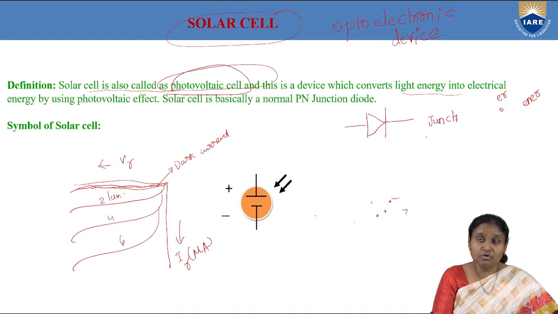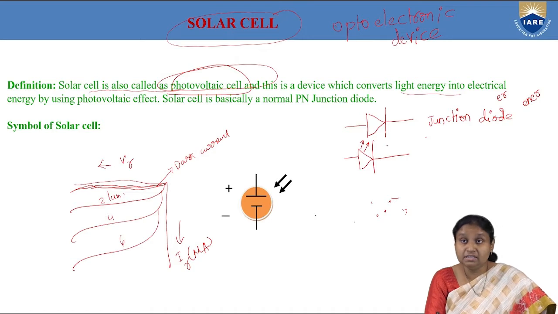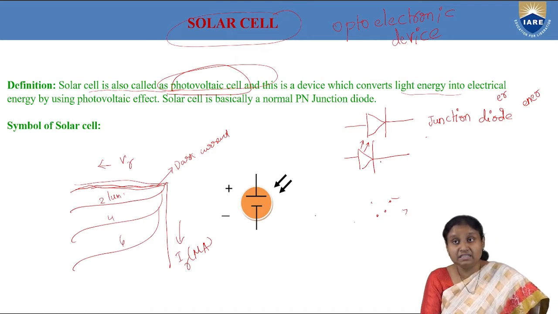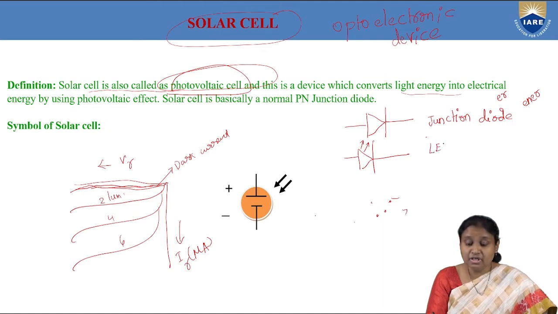When we talk about a light emitting diode, we take the symbol of a diode and show arrows going outside, indicating that this diode is emitting light. Its input energy is electrical energy, which is forward biasing, and the output energy is light energy. This is the symbol for an LED.